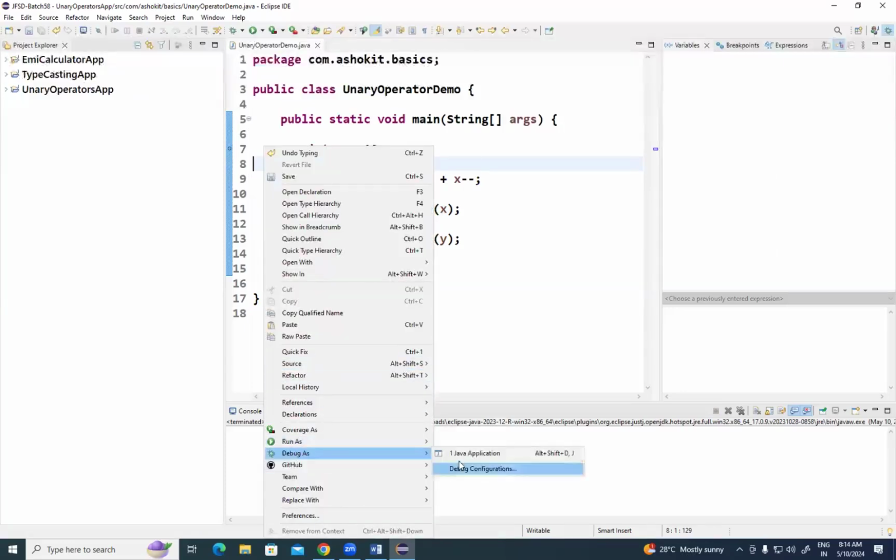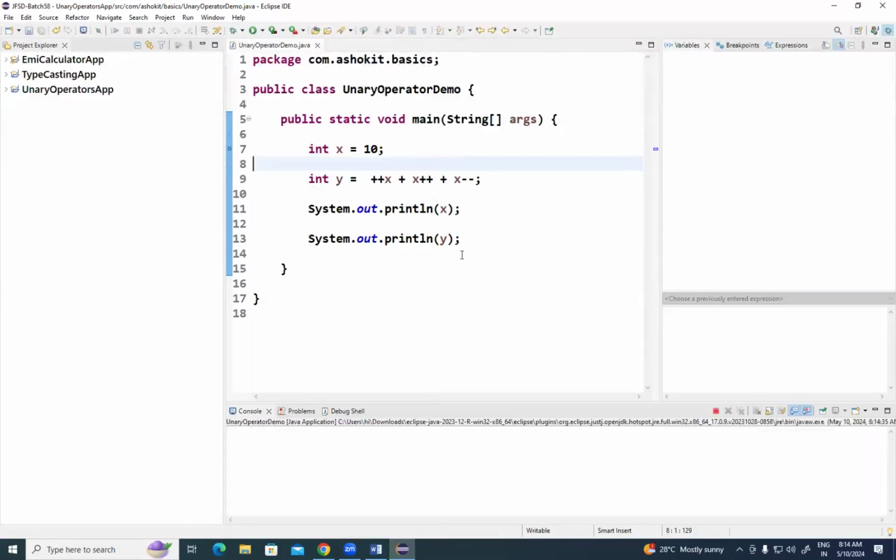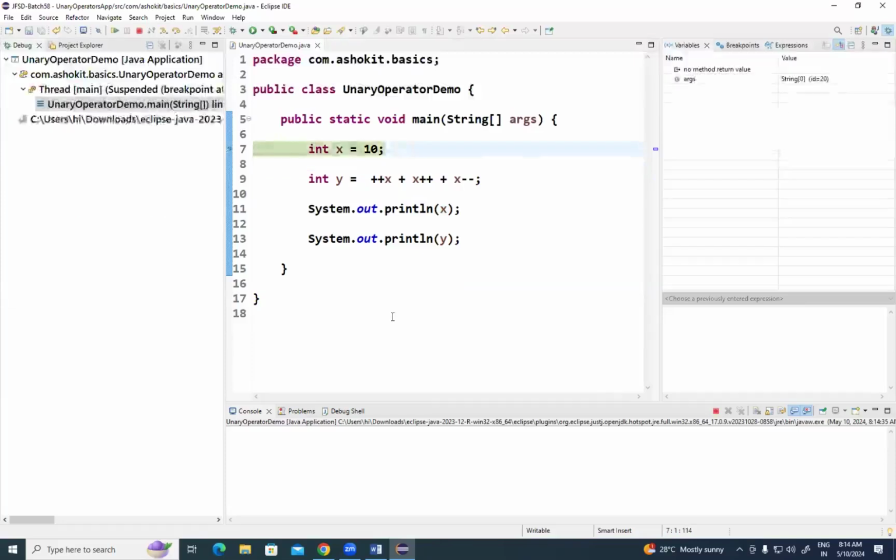Just a minute, folks. Actually, we should get Y value as 32. When we do that pre-increment, it's getting 11 plus, then x value is 11, 11 plus plus, this 11 plus 11.